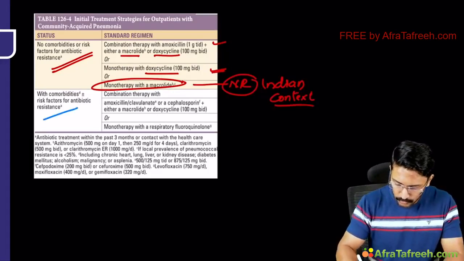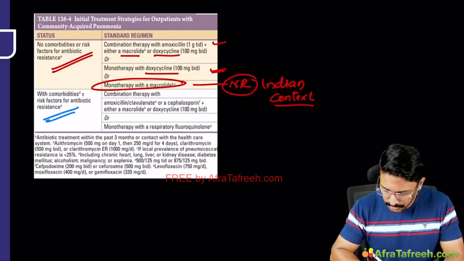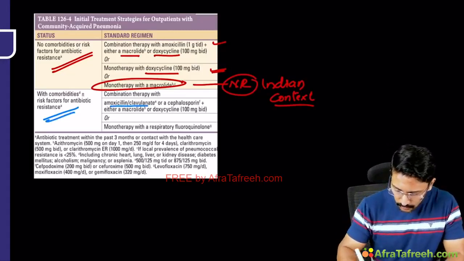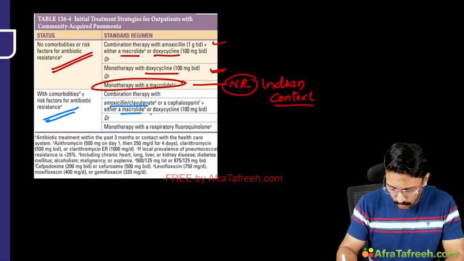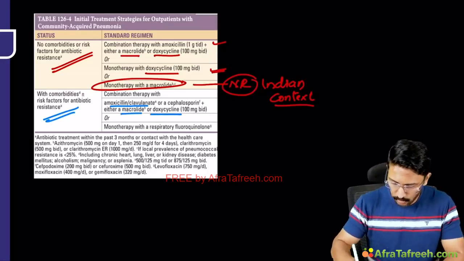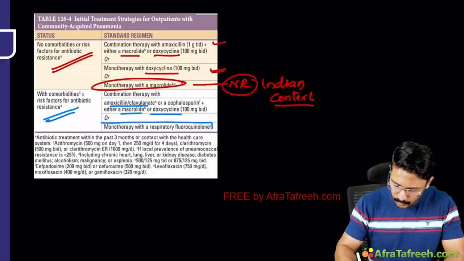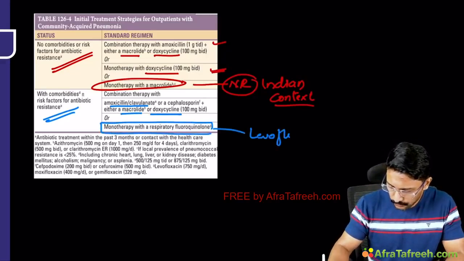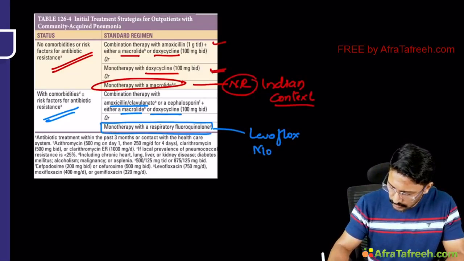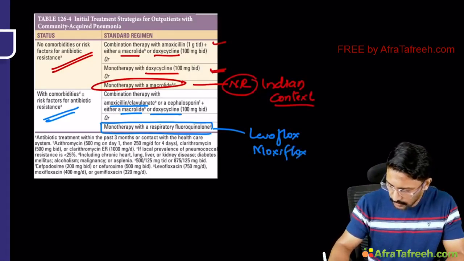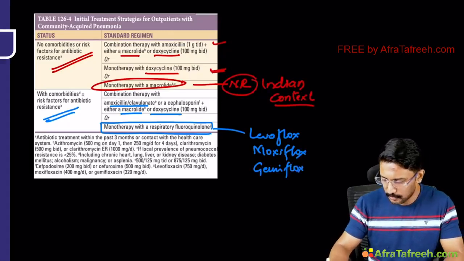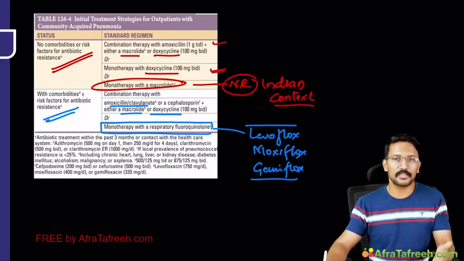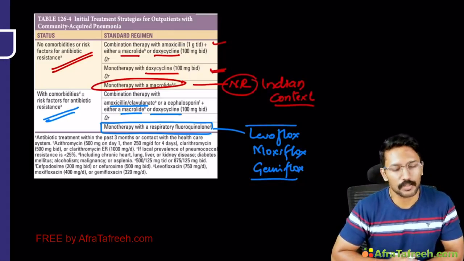And when you talk about with comorbidities, again, combination therapy is recommended, but it is like amoxiclav plus a macrolide or doxycycline. Or else you can consider a respiratory fluoroquinolone as monotherapy that includes levoflox or moxiflox or gemiflox. These are respiratory fluoroquinolones. They achieve higher concentration in the respiratory system. These can be considered as monotherapy for outpatient practice.